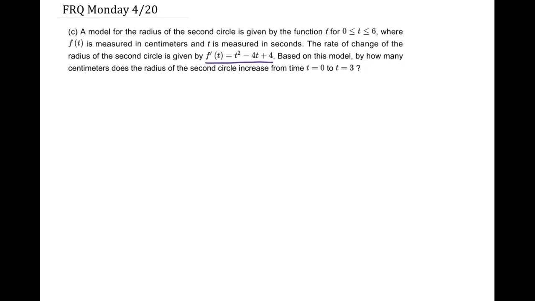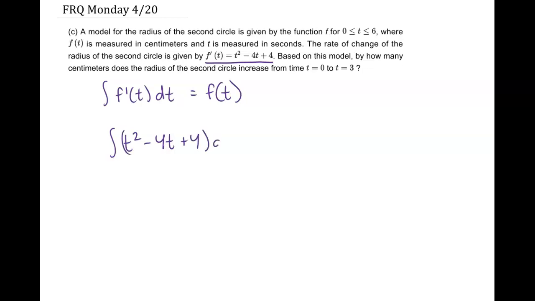So we can do the integral of f prime and that will give us f of t. So the integral of t squared minus 4t plus 4 dt from 0 to 3.